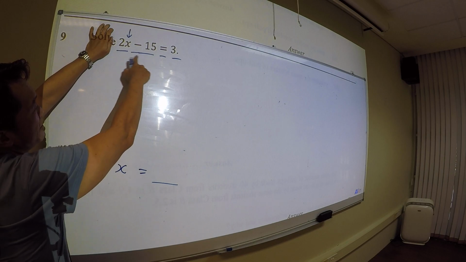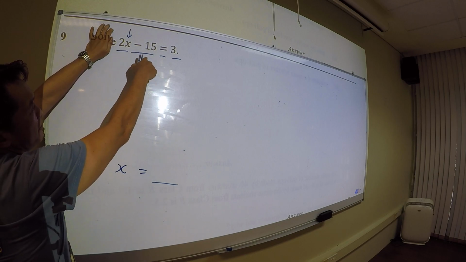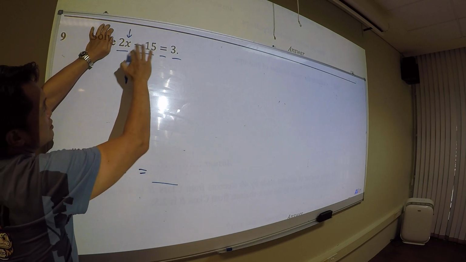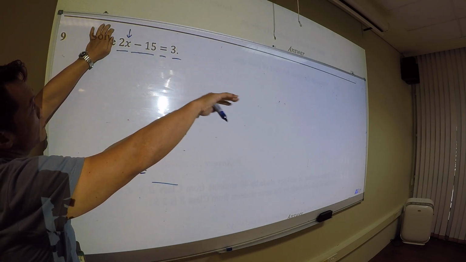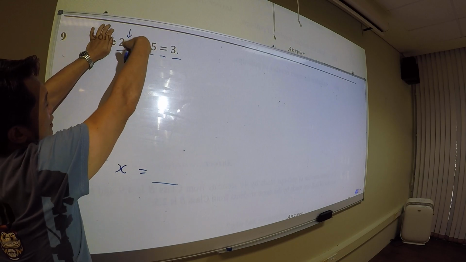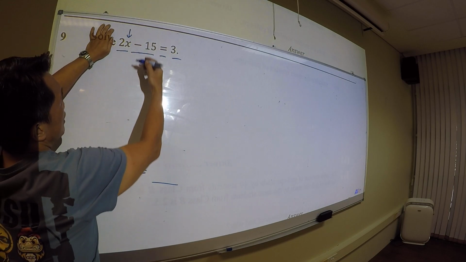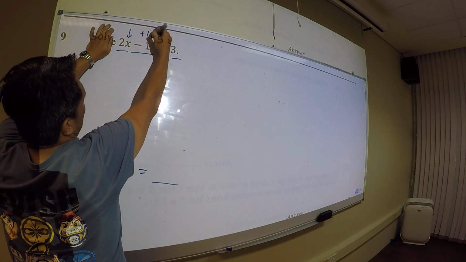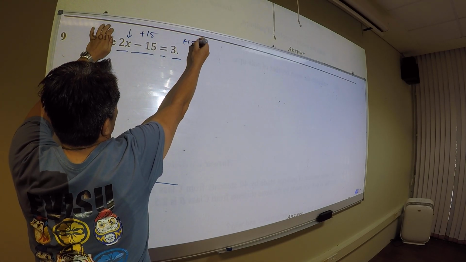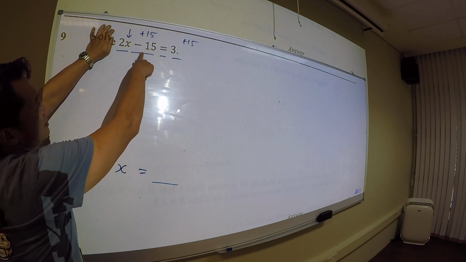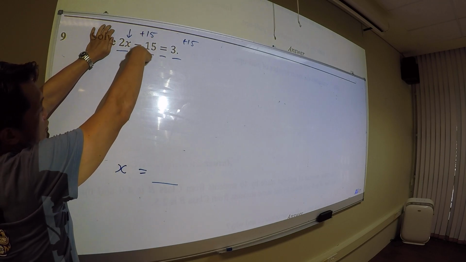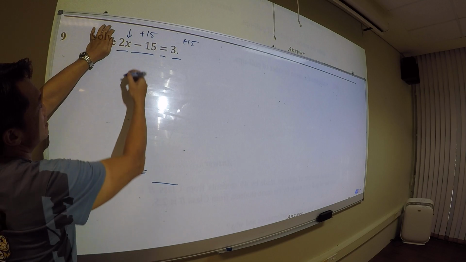I don't want minus 15. If I don't want minus 15, I must let it go to the other side. So how can I let it go to the other side? I don't want minus 15 here, so I must plus 15 on both sides. I purposely plus 15, so that plus 15 minus 15 here becomes 0. I will no longer have a minus 15 here.